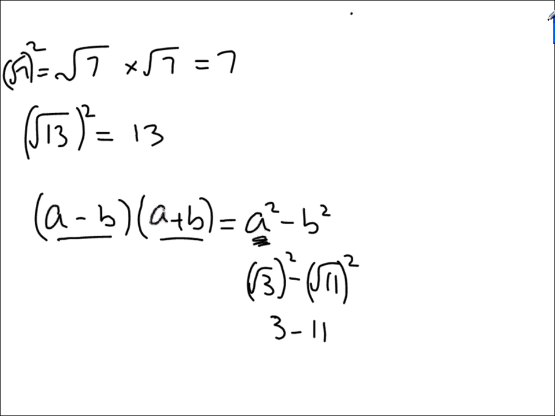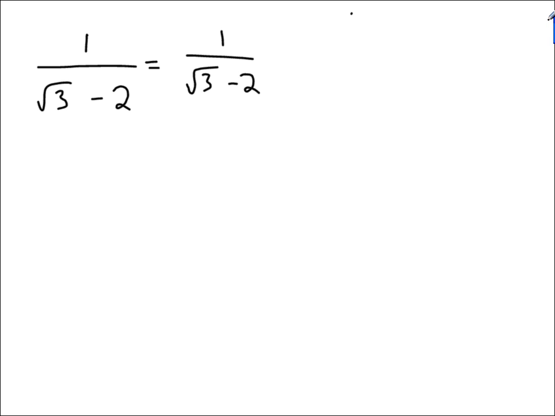You'll have 3 minus 11, which happens to be, say, negative 8. If you square a radical, there's no more radical sign. And if you multiply by radicals, you end up with the difference of squares.